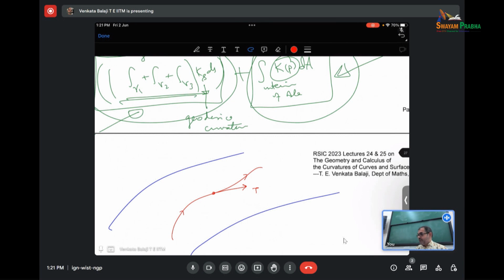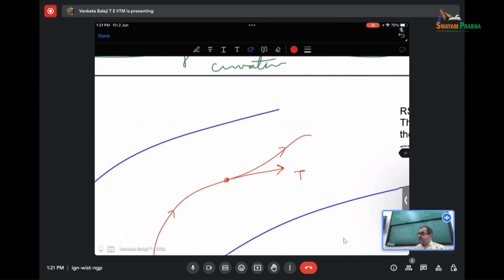You have to watch it carefully. This curve has a circle of curvature. The problem is that that circle of curvature will lie in a plane that's called the osculating plane. That plane need not be tangent to the surface.